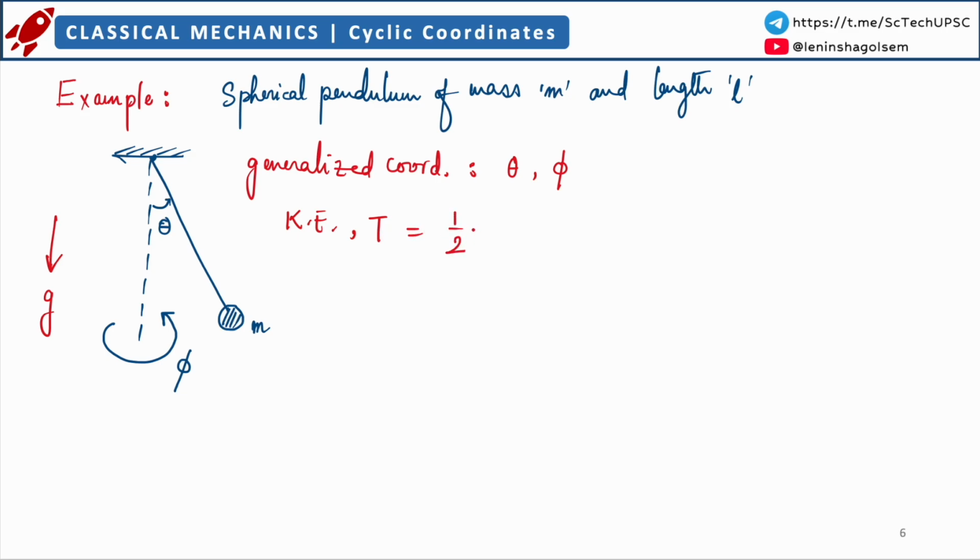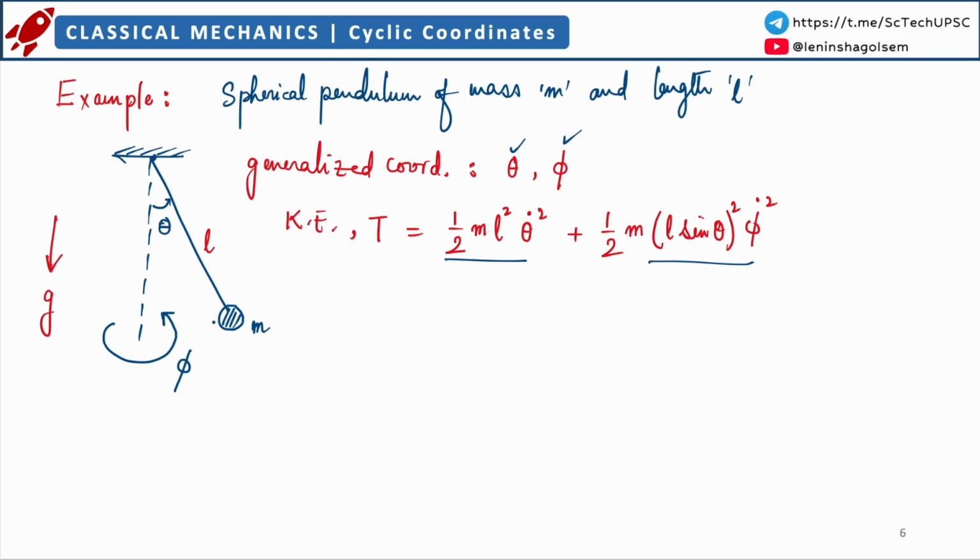Let me write half m l square theta dot square, where l is the length of the pendulum, plus half m (l sine theta) whole square phi dot square. As you can easily recognize, the first term corresponds to theta, and the second corresponds to phi.